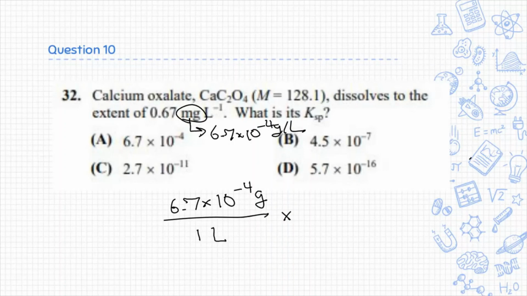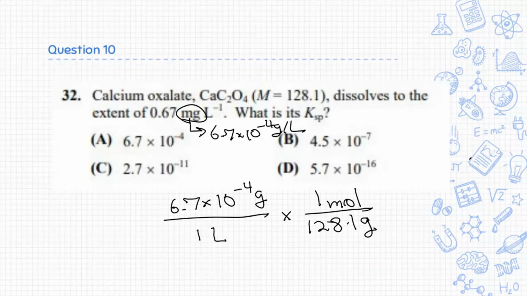We get 128.1 grams equals 1 mole. Now, just to briefly explain why this works. It says that 0.67 milligrams dissolves in 1 liter of water, right? And 0.67 milligrams in this case refers to calcium oxalate as a whole. But if we use its molar mass, then we can calculate the number of moles of calcium oxalate that was dissolved.